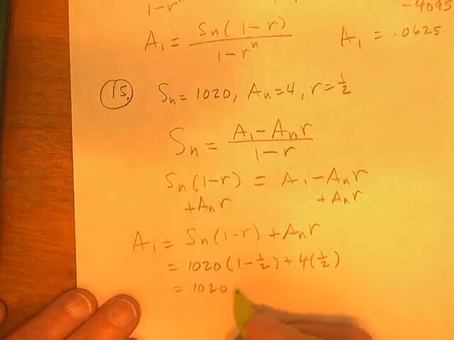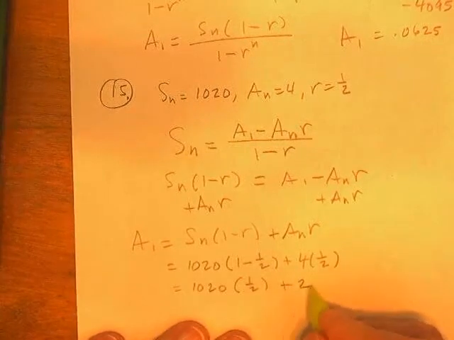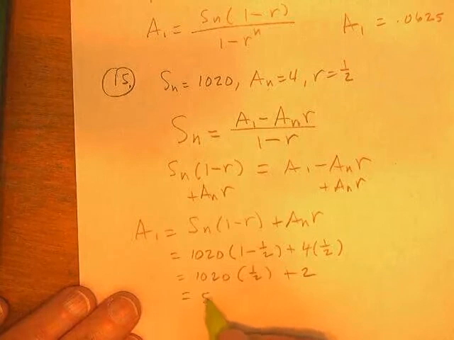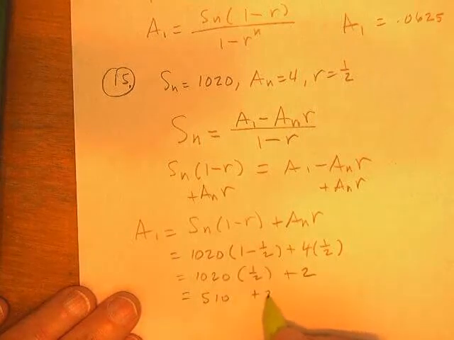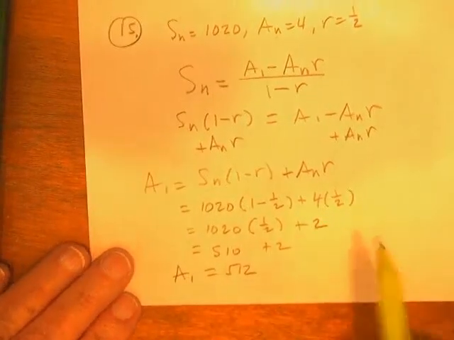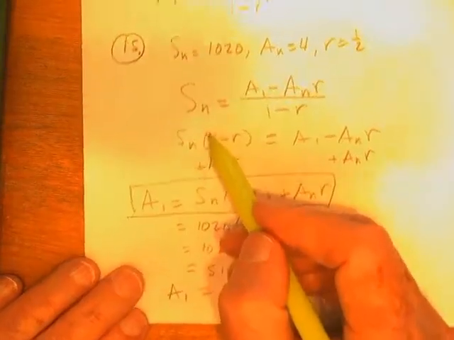Okay, so this is 120. 1 minus a half, that's a half. A half of 4, that's 2. A half of 10 is 5. A half of 20 is 10. You can use your calculator on that if you wish. Okay, so here's two formulas.